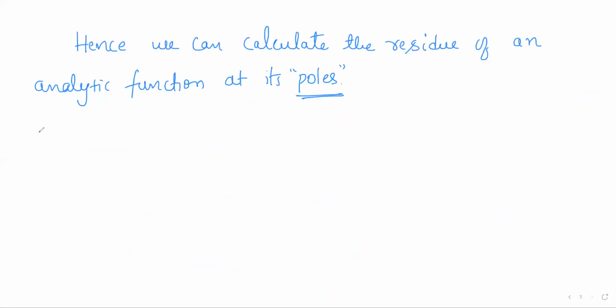So now we shall solve the problem. The given function is e to the power iz divided by z square plus a square. Note that f of z is the quotient of two functions. We also observe that the numerator function is well defined everywhere.